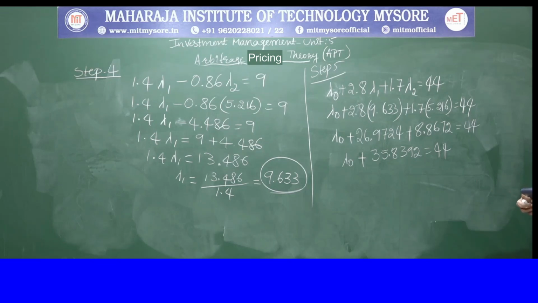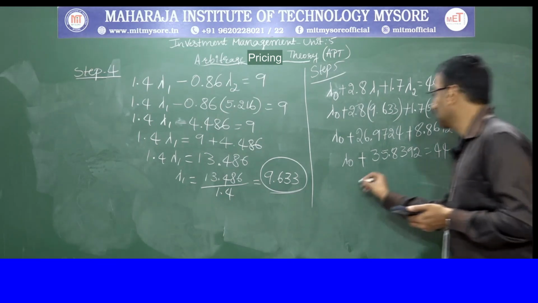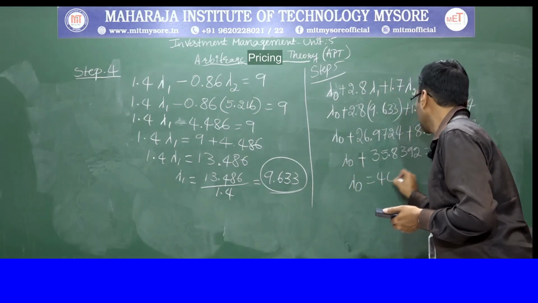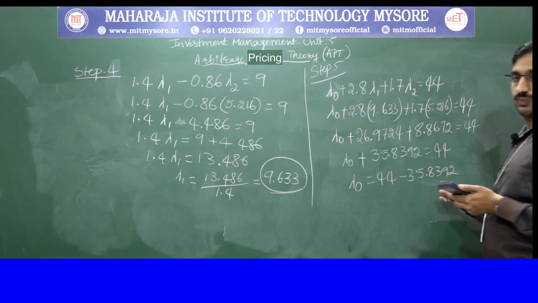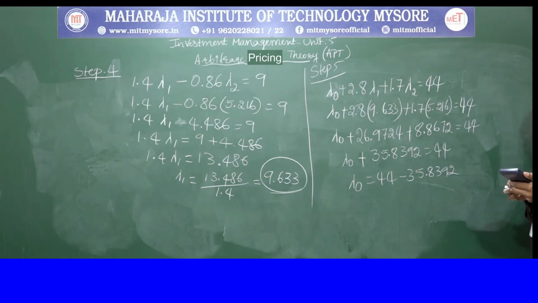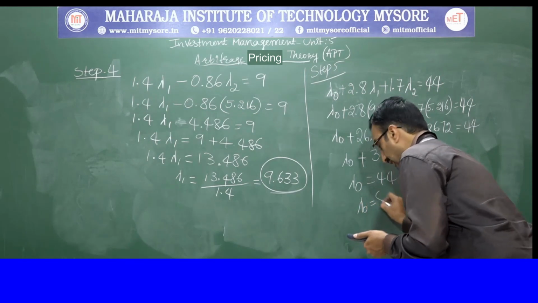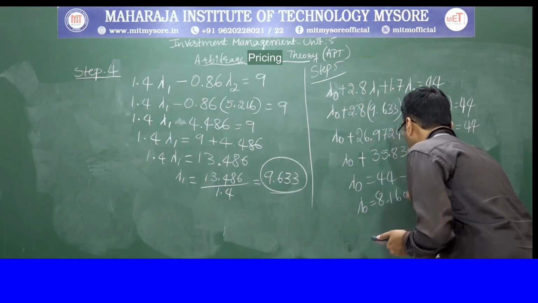Okay, so later on lambda naught is equal to 44 minus 35.8392. So lambda naught is equal to 8.1608.